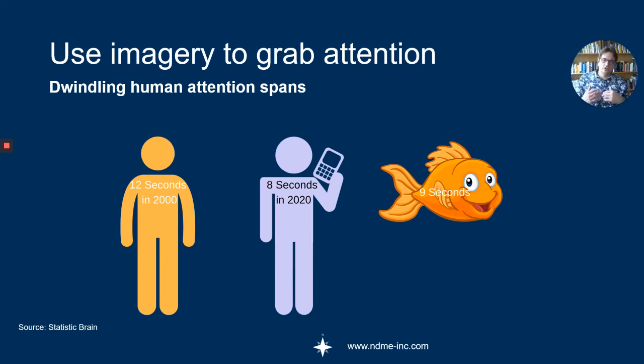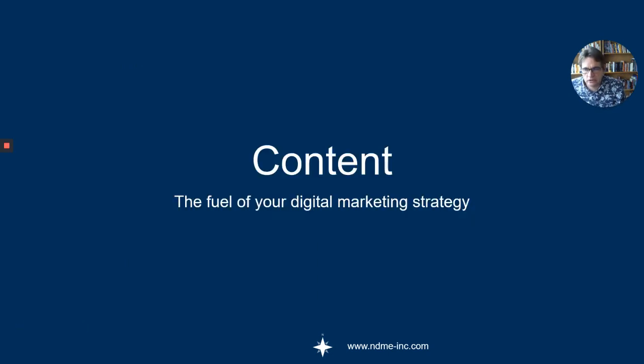As I said, content is the fuel of your digital marketing strategy. It drives what you put in front of your prospect. It's the information that you use to entice him to give you his contact details.